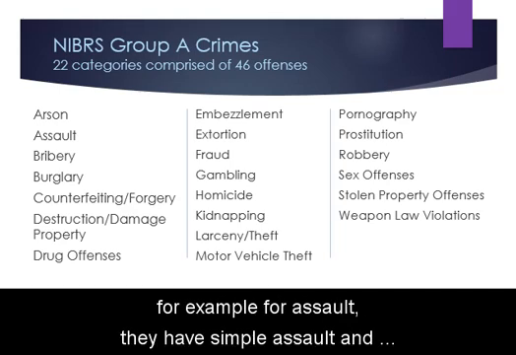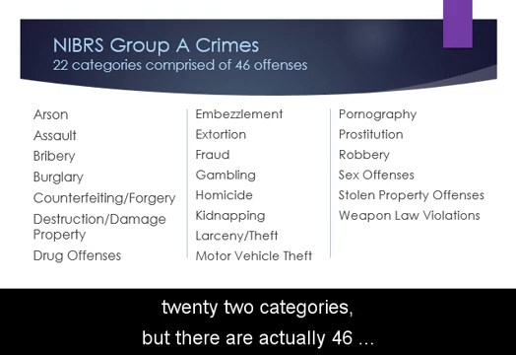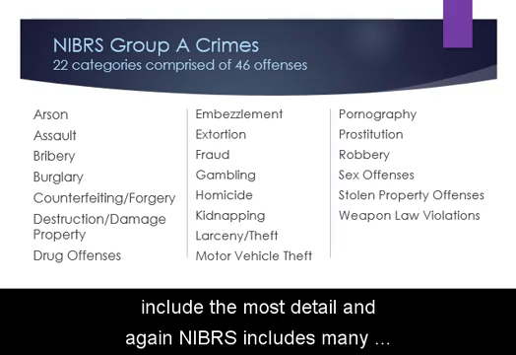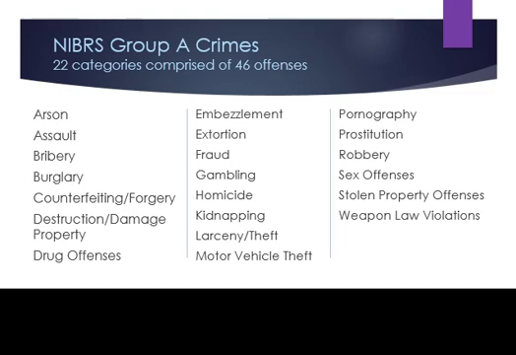Under each of these, for example for assault, they have simple assault and aggravated assault. This is showing you the 22 categories, but there are actually 46 offenses. These are the ones that include the most detail, and again, NIBRS includes many more crimes in their Group A crimes compared to the UCR with the Part 1 crimes.